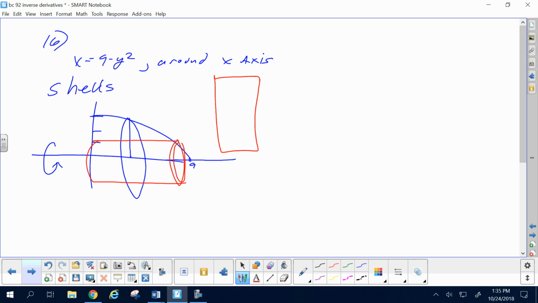So the volume is 2 pi, the radius is y, and the height of the shell is from the curve to the axis, so that's 9 minus y squared. From 0 to 3.